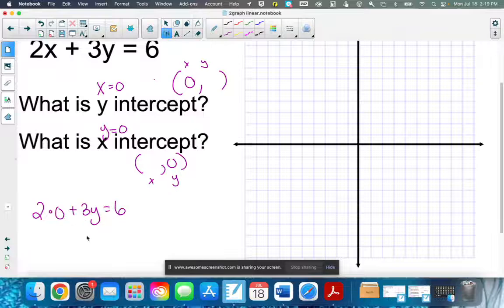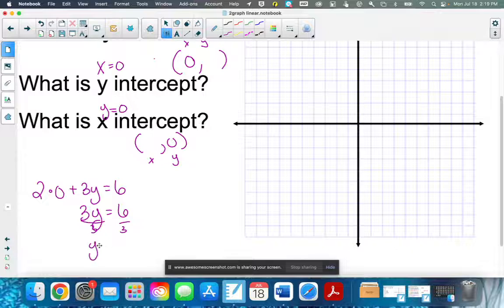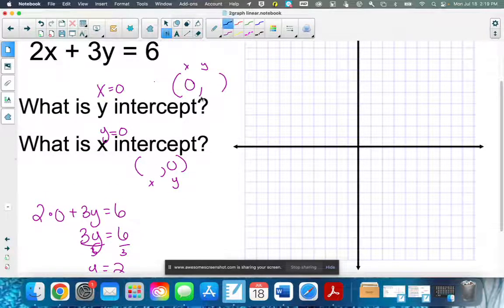So really what we have is 3y equals 6. And I need to solve for y. So in this case, I have to divide by 3. If I divide by 3 on both sides, I should get y equals 2. So that point, when x is 0, y is 2.